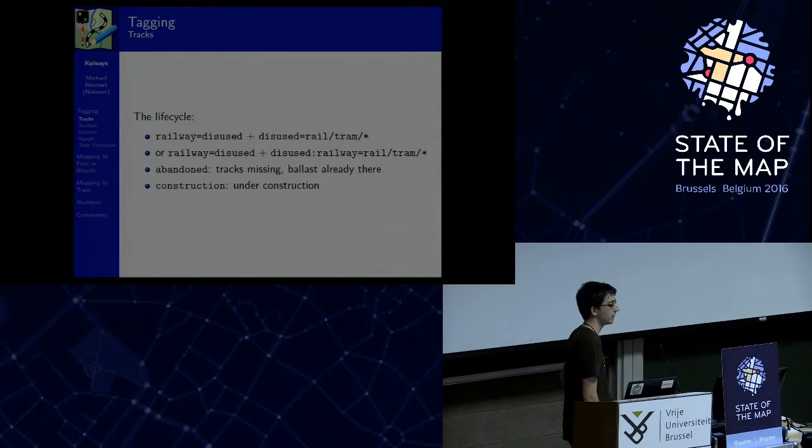Railways usually have a life cycle. In this talk, I don't present the life cycle in the usual way from proposed to dismantled. I want to first present the most important values. Disused is used if the track is out of use.